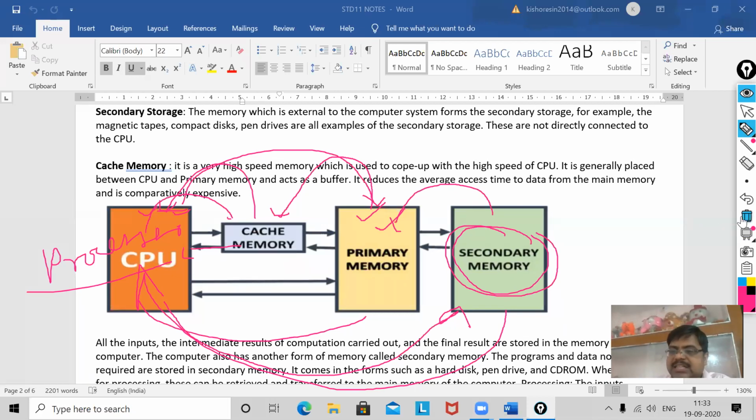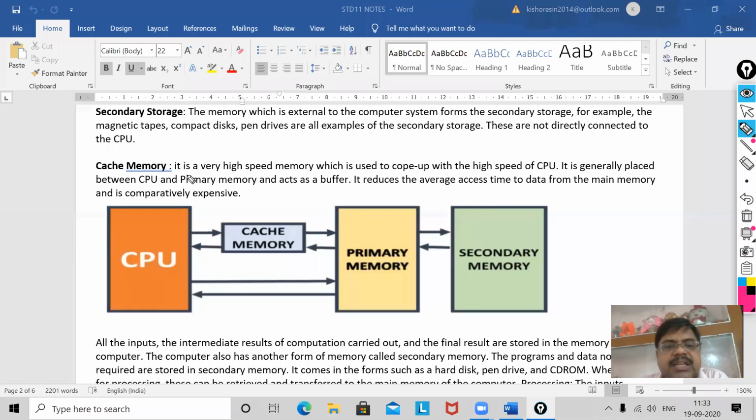Just now you can see the definition, my dear. It is a very high speed memory which is used to cope up with the high speed of the CPU. It is generally placed between the CPU and primary memory. You can see the CPU is here and the primary memory is there. In between, you have the cache memory and it acts as a buffer.